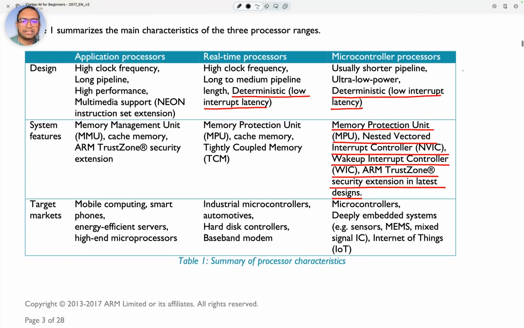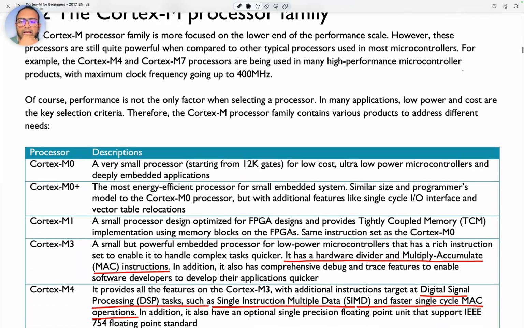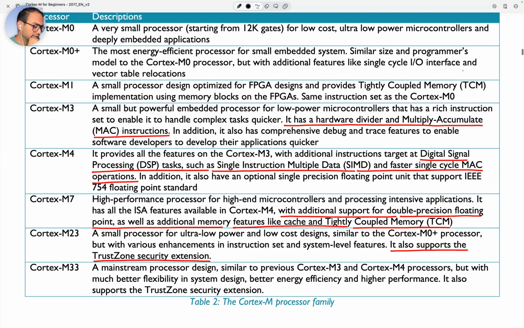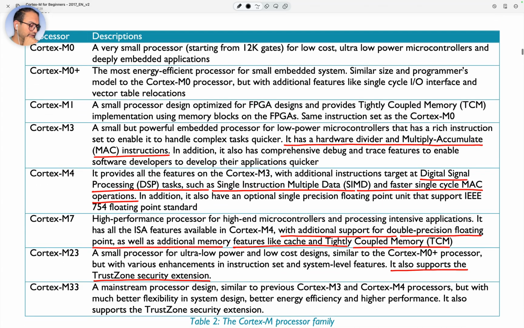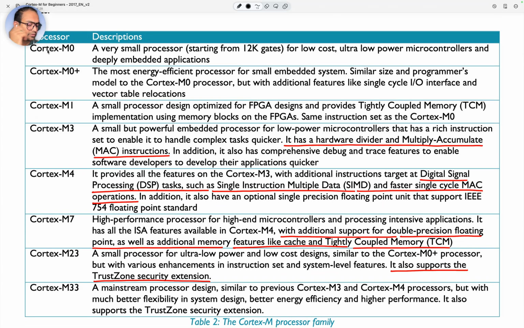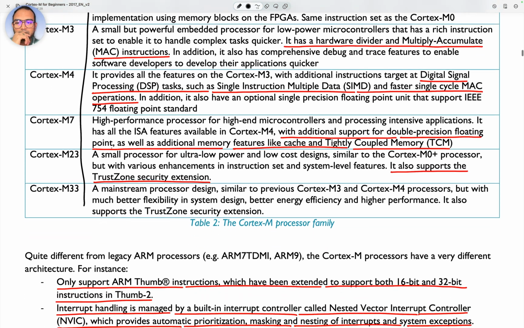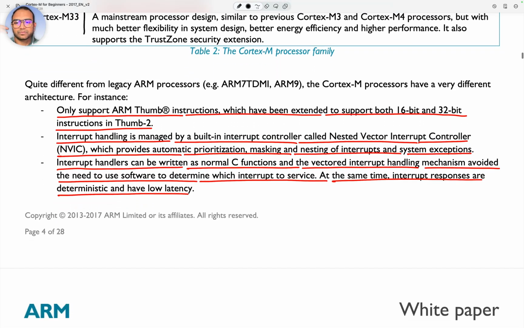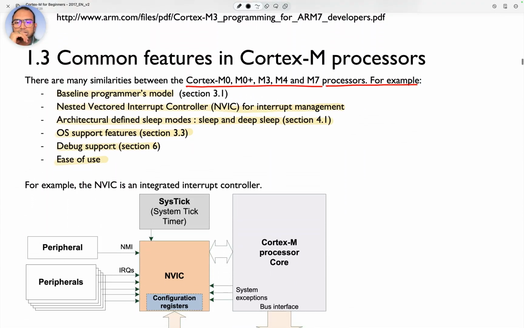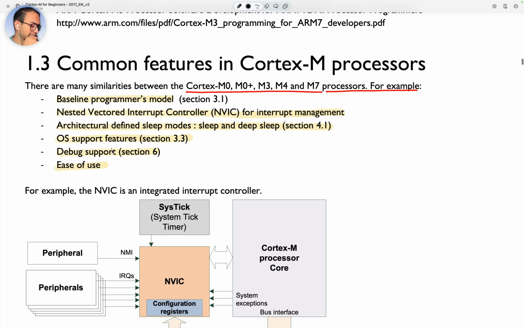Then these are the differences, and specifically the differences between different processor families or microarchitectures are given here, right? I wouldn't go into the details of this, but you should read up on this document and a bunch of others. All right, so this is what I wanted to bring your attention to.